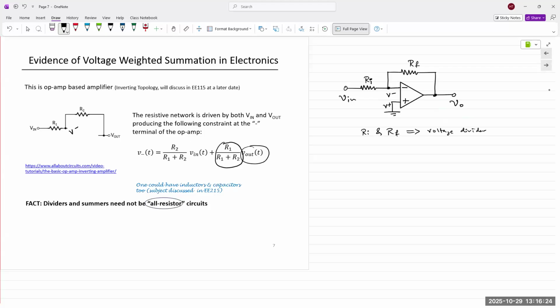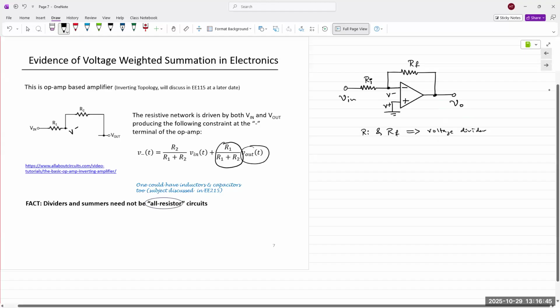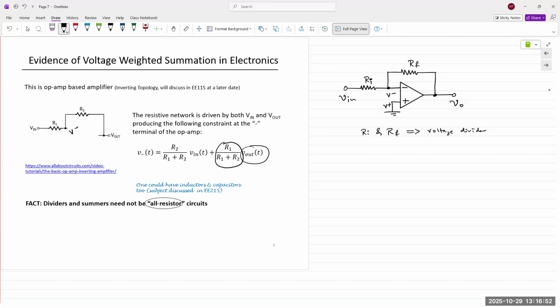Again, the application we'll look at later on, but for now, the topic that we are focusing on is that we can use resistors to create different kinds of biasing networks, and the same principle can be applied in a variety of applications. All right. Any questions?